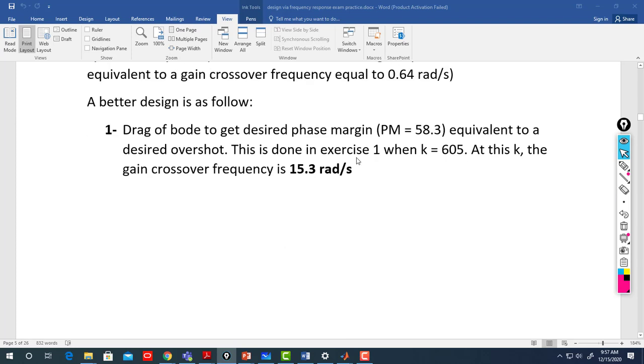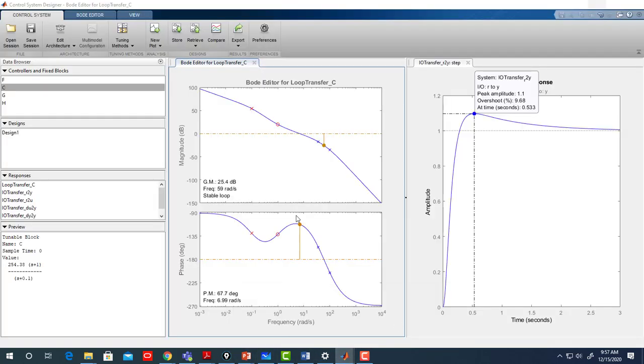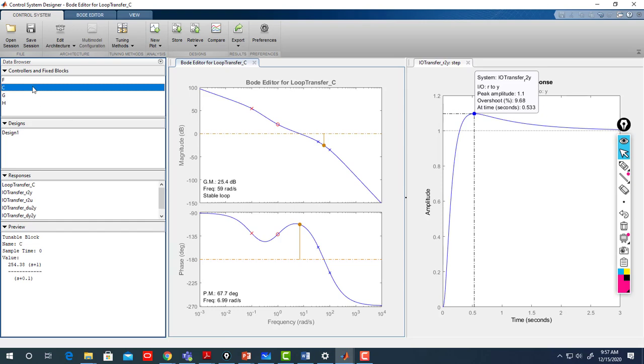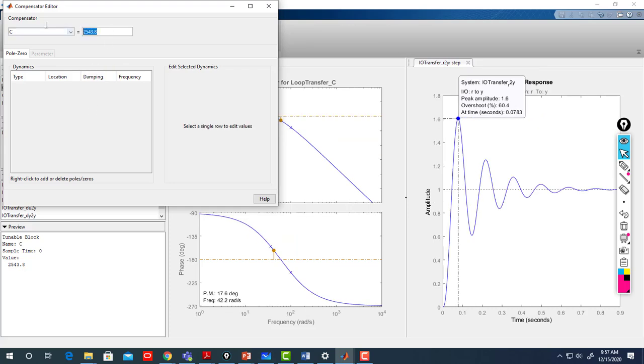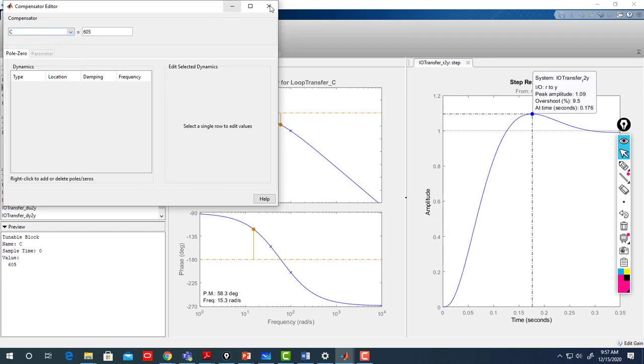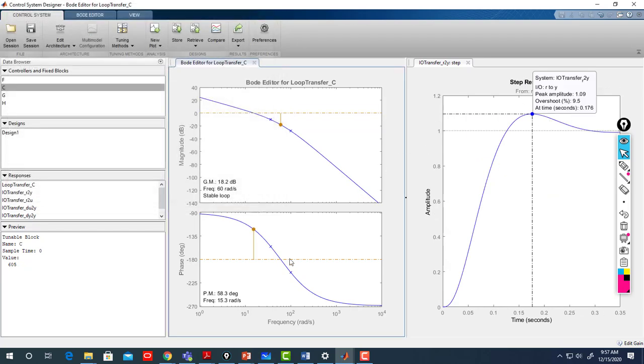So what does this method tell you? First, of course, drag the Bode plot to get the desired phase margin equivalent to the desired overshoot, which we did at the beginning. So we dragged the gain to get the desired phase margin, which is the desired overshoot.